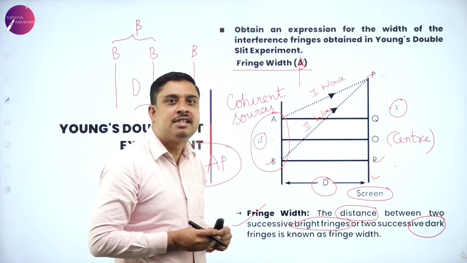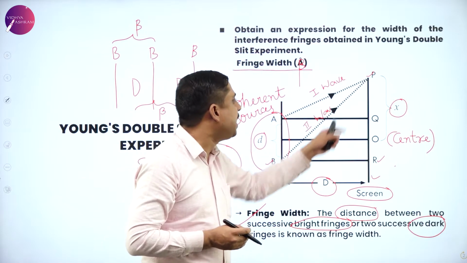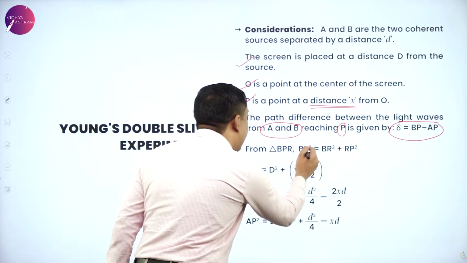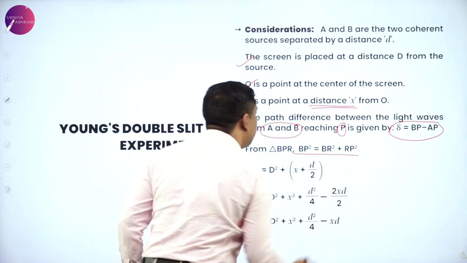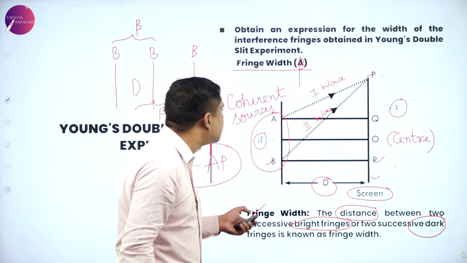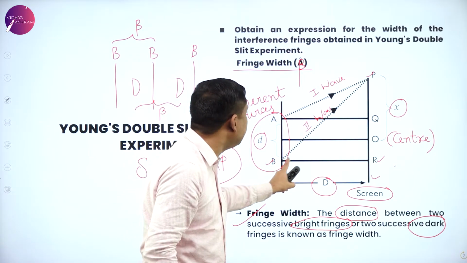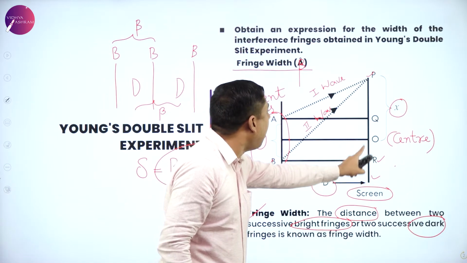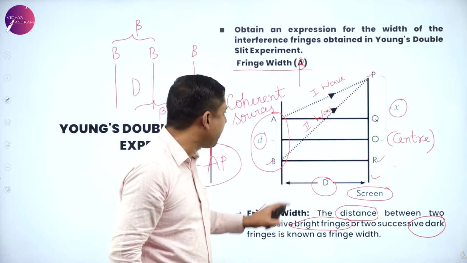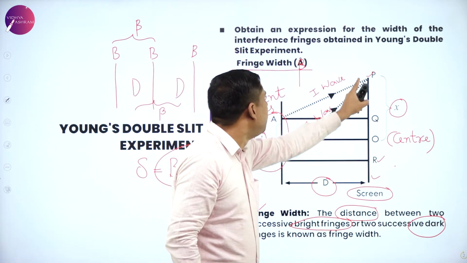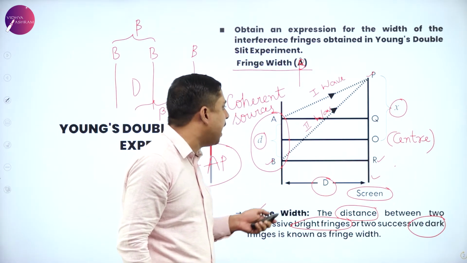Apply Pythagoras theorem to calculate BP. So I have BP square equals BR square plus RP square.